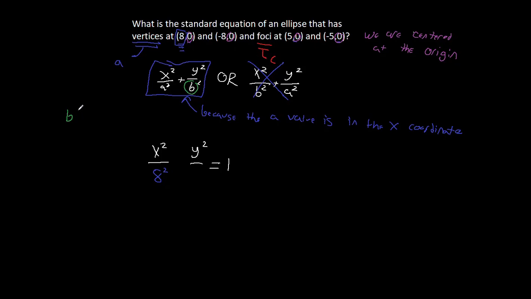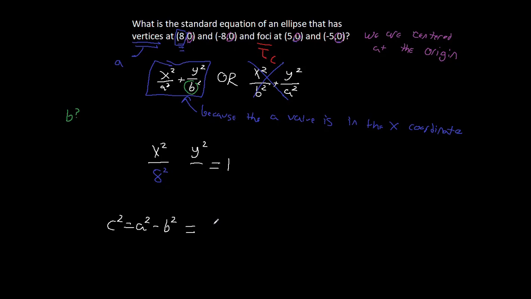What is b? Well, we have this handy equation from the previous video: c squared equals a squared minus b squared. We want b squared, and we have a squared and c squared.